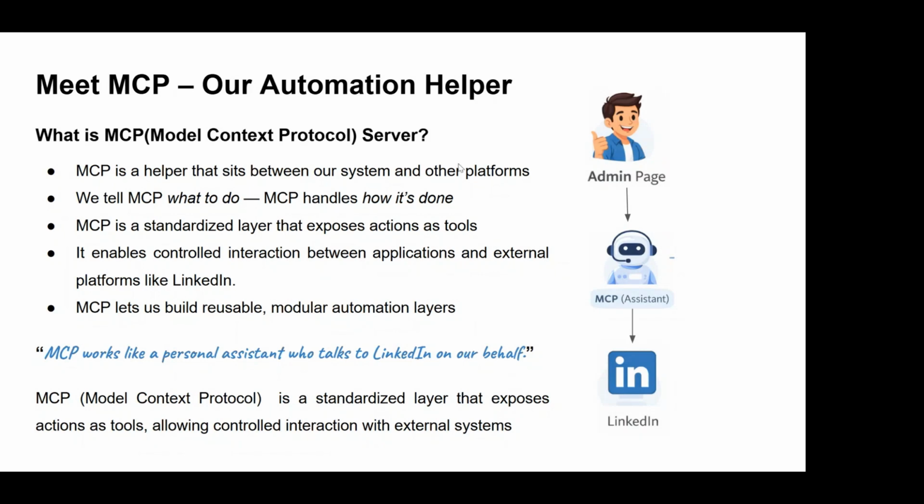For example, here our system refers to, let's take the CSASFO admin page, and other platforms refers to all the social media platforms where we wanted to post our event details. So this MCP will be like a bridge between both the admin page and the other social media platforms.